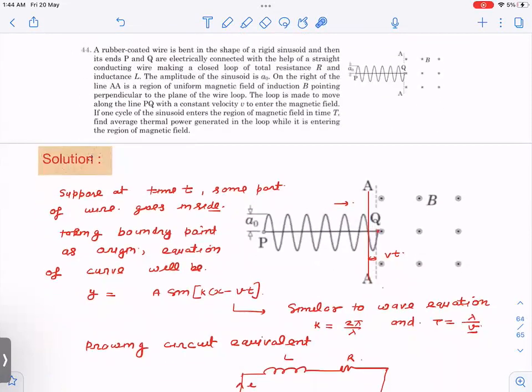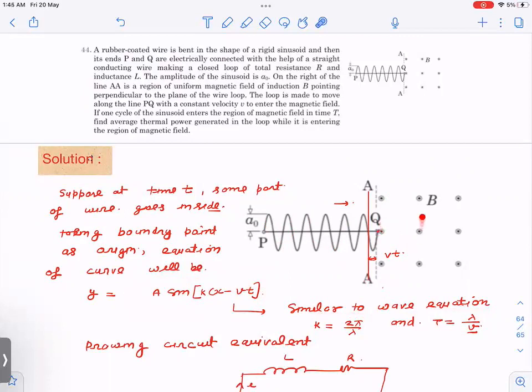So right now, this is a sine wave, and it is moving like this. If I want to write the equation of this, it is similar to the wave equation. And at t equal to 0, this end is here.